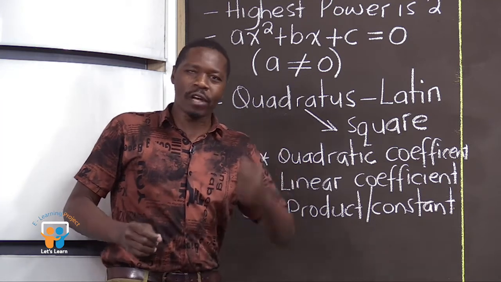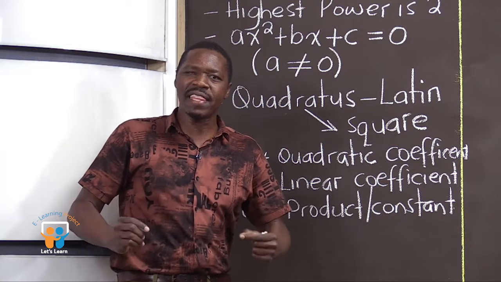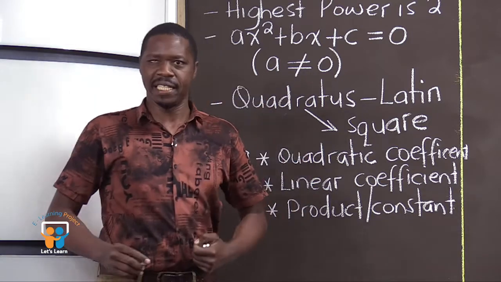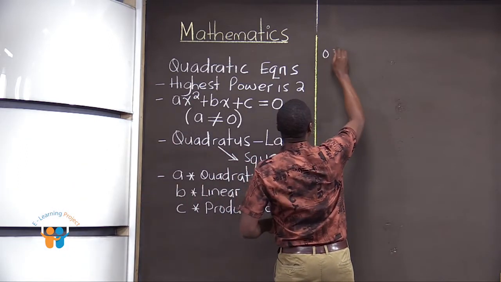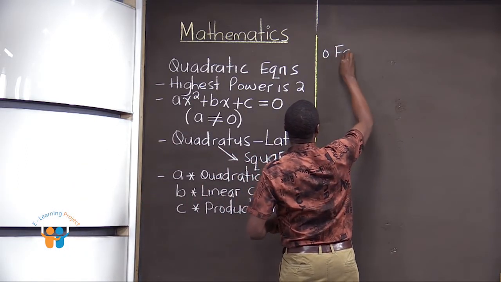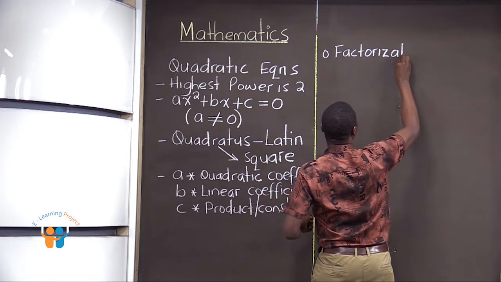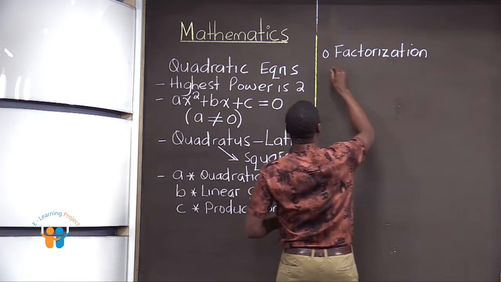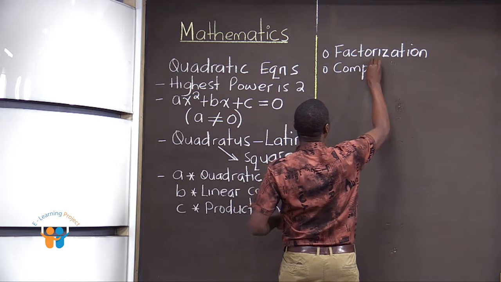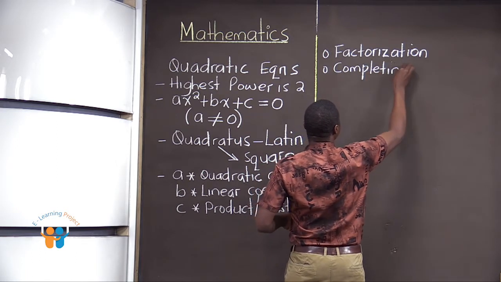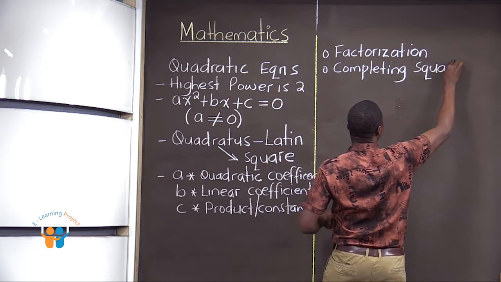Now, before we forget, a quadratic equation has different methods of solving it. Method number 1 is the factorization method. Method number 2 is the completing square method, or you can just say completing squares.